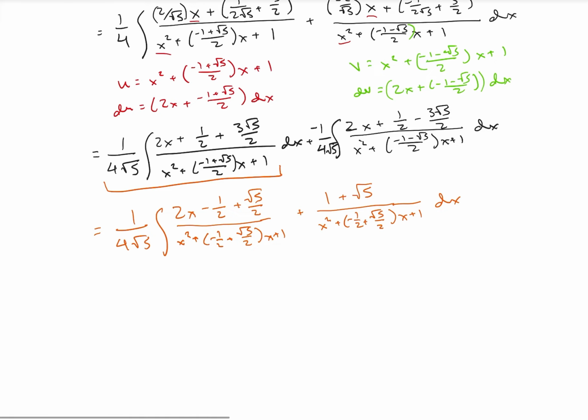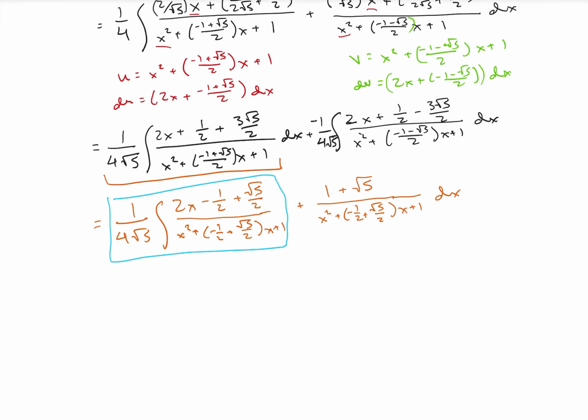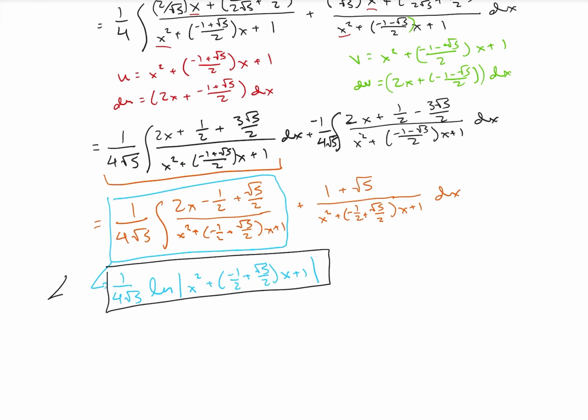So I noticed that I set this up in a specific way. This guy over here, I set up so that it is 1 over 4 root 5 times the natural log of x squared plus (-1/2 plus root 5 over 2) x plus 1. I'm going to mark that guy off and star him. And it turns out that, well, I'll work through that in a second.